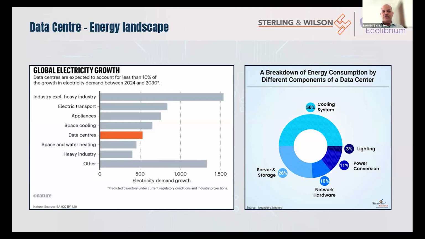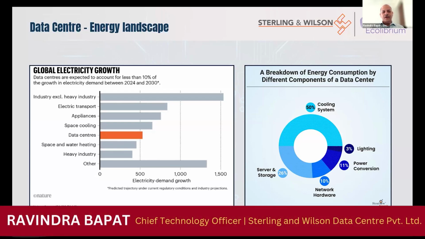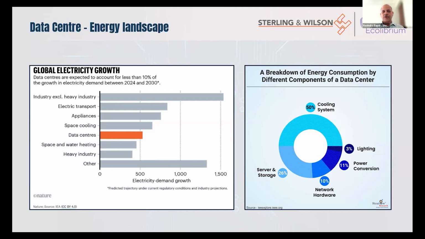You must have seen the recent announcement where AWS is talking about 17 billion in investment, and Satya Nadella was here in India talking big about data centers in India. So there is huge growth in this area, and we cannot ignore it, because it is contributing a big percentage of the overall consumption of a country.